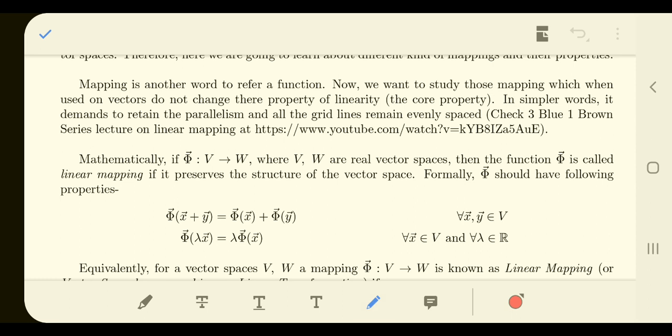These two things should hold to maintain linearity, which essentially means that the mapping of a vector addition equals the individual vectors being mapped and then added. Similarly, if a scaled version of a vector is mapped, it equals the first mapping and then scaling.